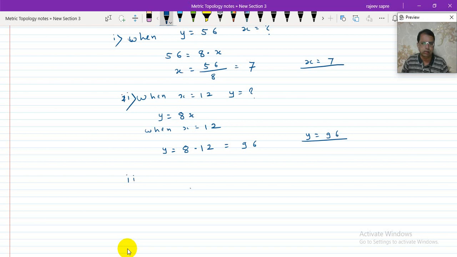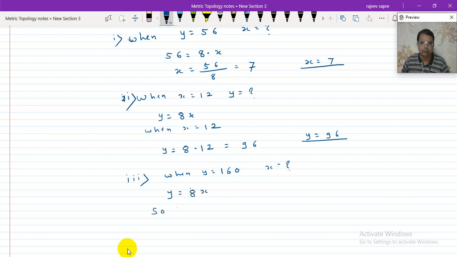Now what is given there? y is 160. So when y is 160, what is x? That is to be calculated. Your equation is y is 8x. This is our reference equation. y is equal to 8x.